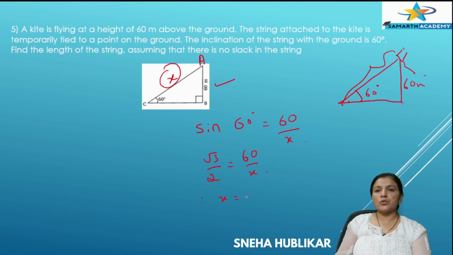Therefore, x is equal to 120 by root 3. We know irrational number shouldn't be in the denominator, so rationalize. Hence, we get 120 root 3 by 3. So, 3 ones are 40 root 3 is the answer. So 40 root 3 meter is the length of the string.